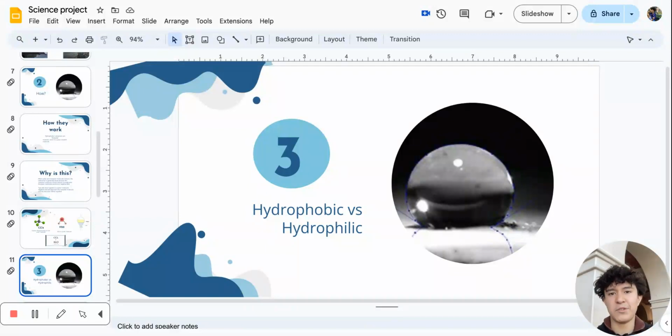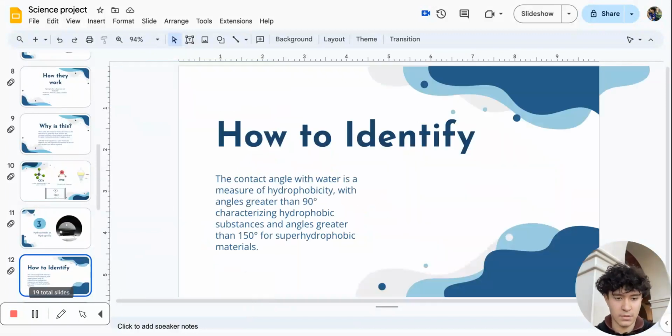So what's the difference between a hydrophobic substance versus something hydrophilic? And what is a hydrophilic substance? First of all, to measure something's hydrophobicity, you look at the contact angle. If its contact angle is greater than 90 degrees, then it'd be hydrophobic. But if it's greater than 150 degrees, it'd be super hydrophobic.